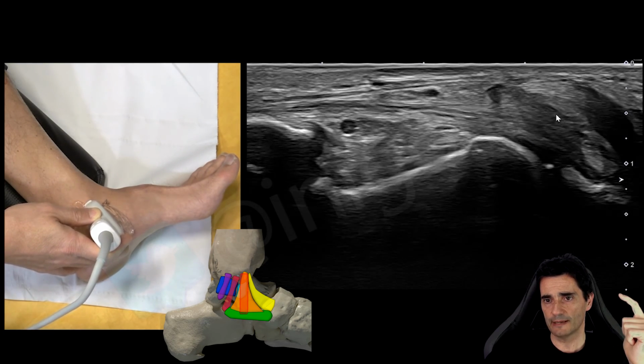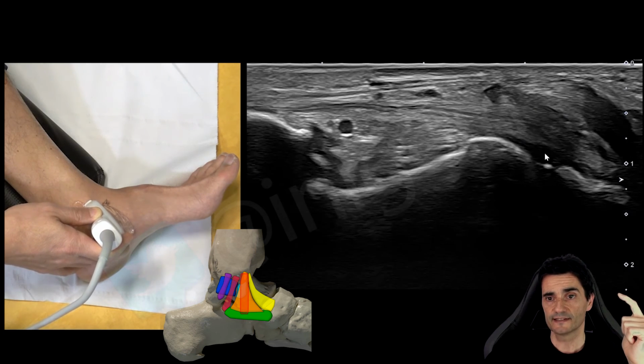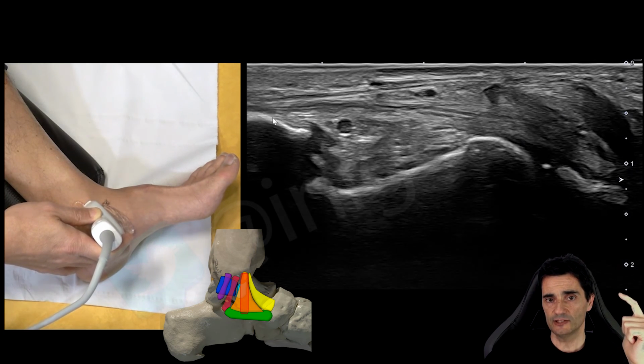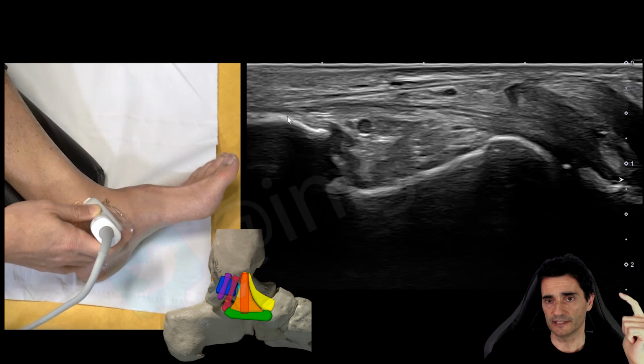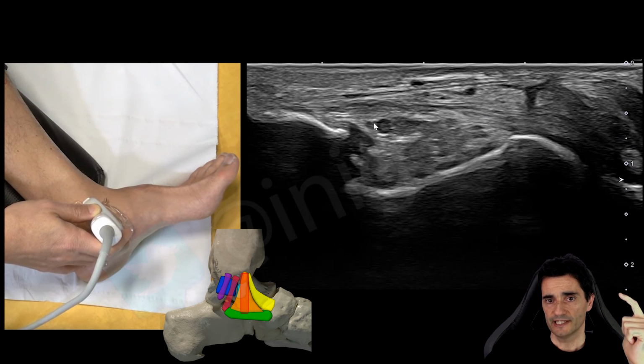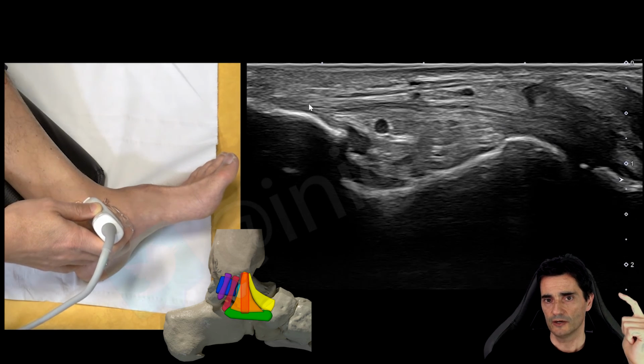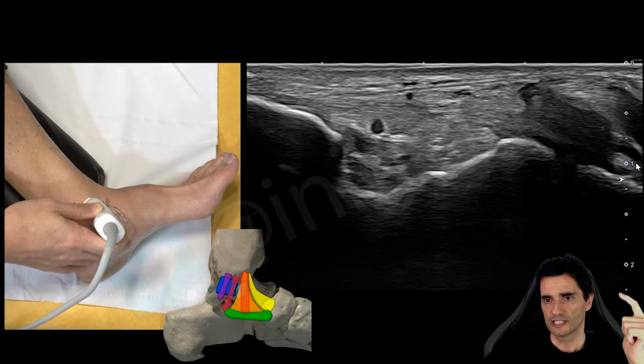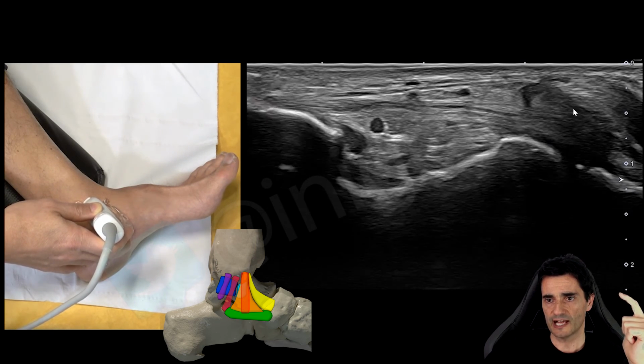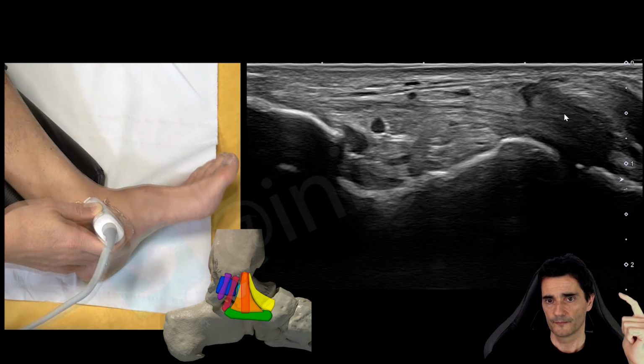This is the spring ligament on its short axis here. And this is the tibio-spring ligament. There is no longer a bony insertion of the ligament, but a ligamentous insertion of this ligament. This is the posterior tibialis above the spring ligament.